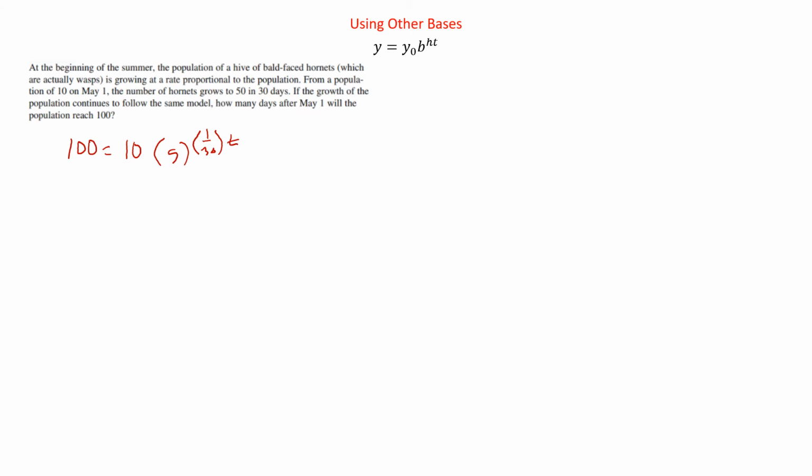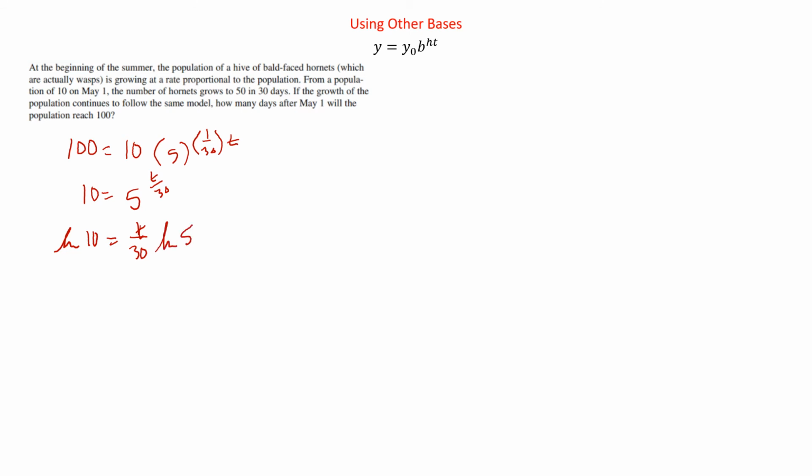We divide by 10. So we get 10 equals 5 to the t over 30. Then take the log of both sides. I do natural log just because that always works. So this will be t over 30 times natural log of 5.